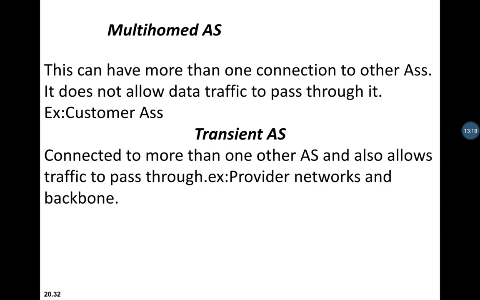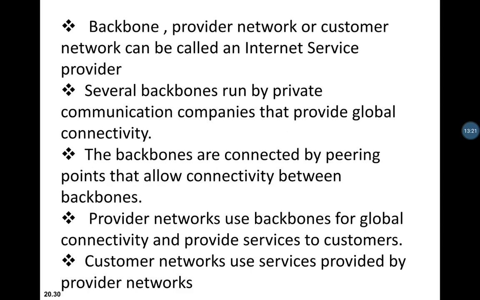Now, let us discuss something about hierarchical routing, before moving on to the autonomous system. The internet is made of a large number of networks and there are many different routers. There are two problems here. One is scalability and second is administrative issues.